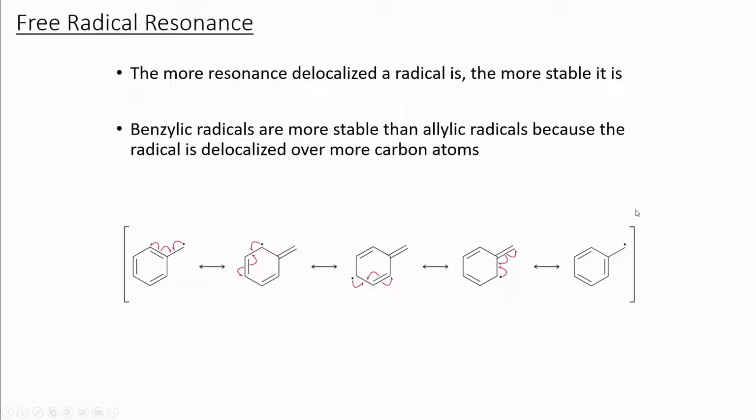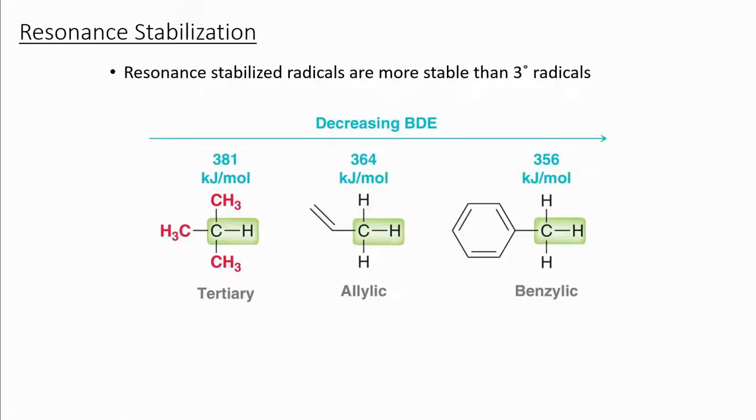The more resonance forms that can exist for a specific radical, the more stable that radical will be. This follows a similar trend to carbocations, where a resonance-stabilized radical will be more stable than a tertiary radical.